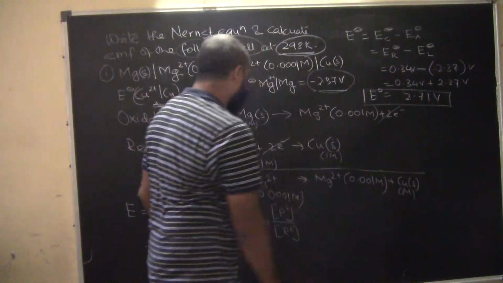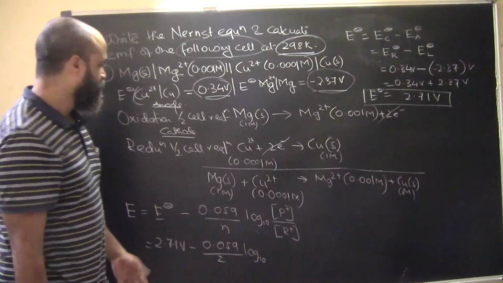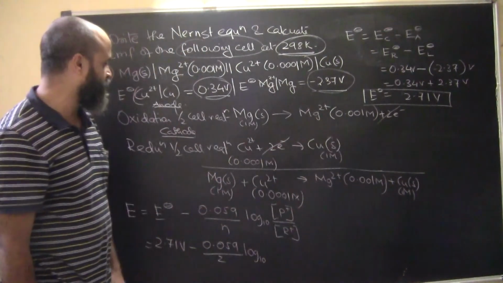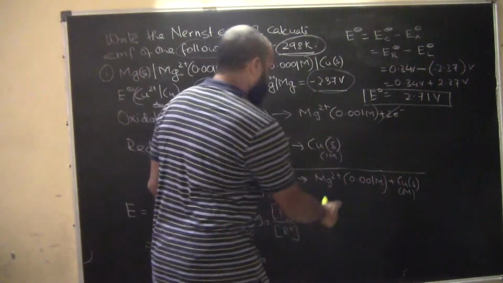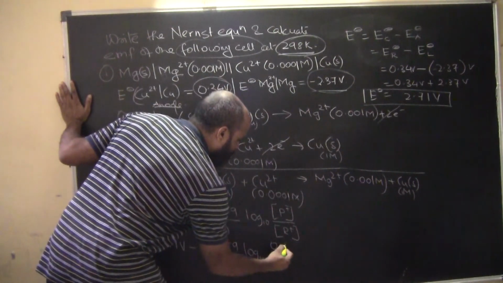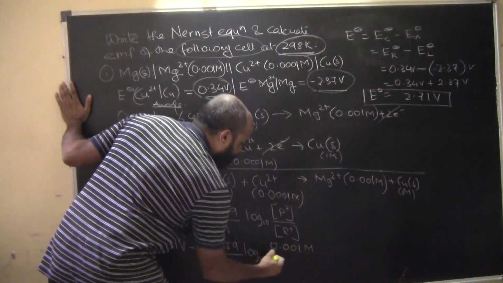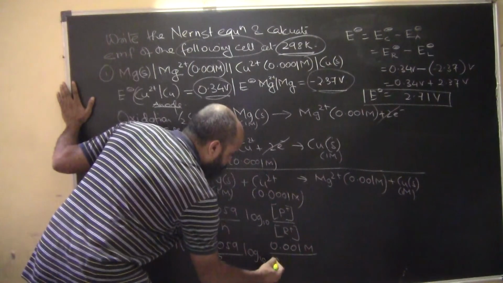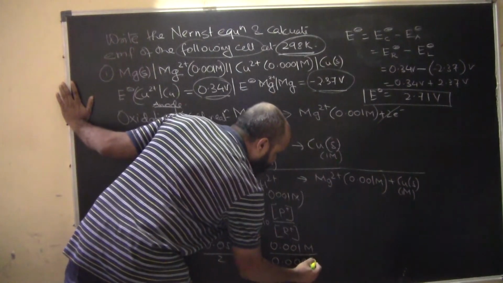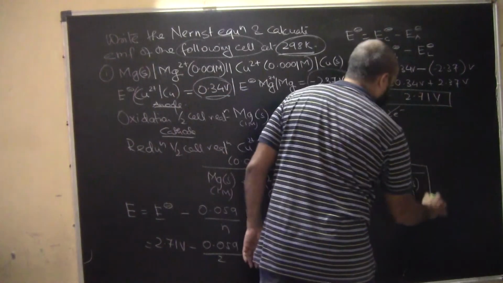There is no point in considering the solid terms, because they will be 1, and there is no point in multiplying by 1. All we need to consider here is this one. The product has a concentration of 0.01 molar, and the reactant has a concentration of 0.0001 molar.